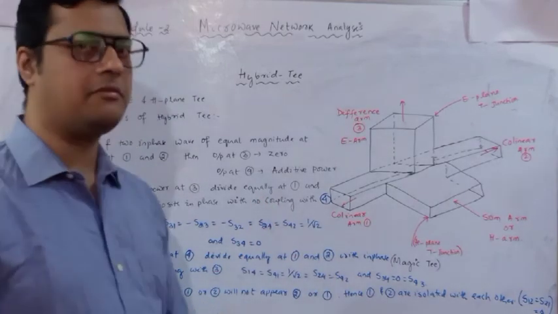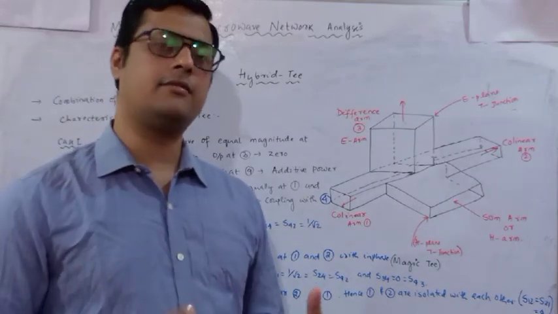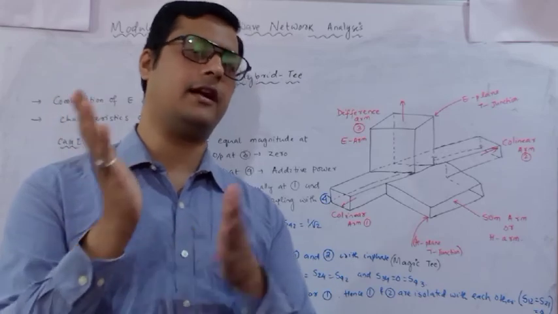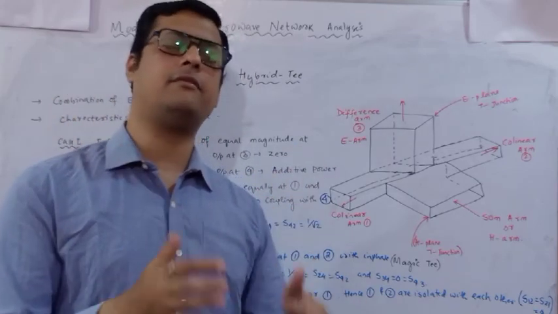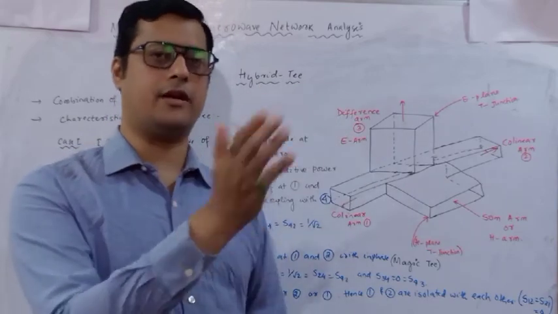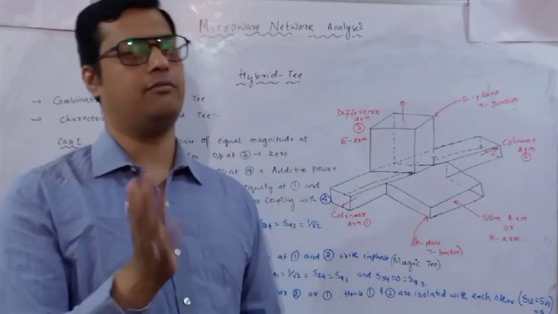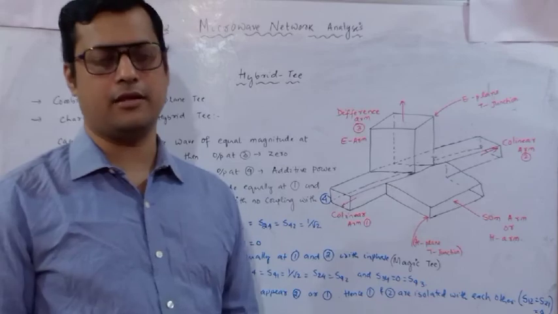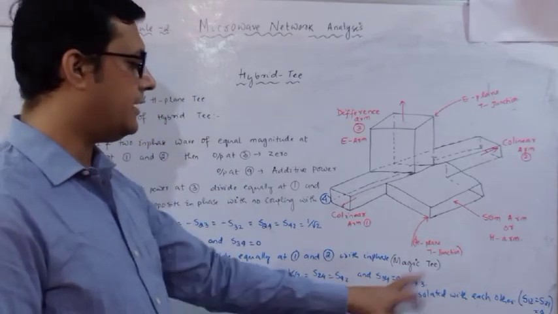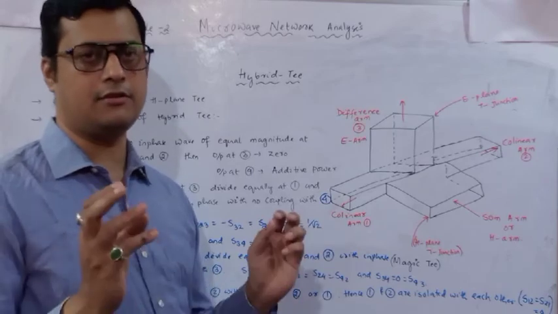Now the question comes: where does this 1 by root 2 come from? It is the same derivation we have done for the E field and H field, determining the delivery of power with respect to 1 and 4, 4 and 1, 2 and 4 and 4 and 2. These are the parameters we are going to identify, and S34 is equal to S43 is equal to 0.